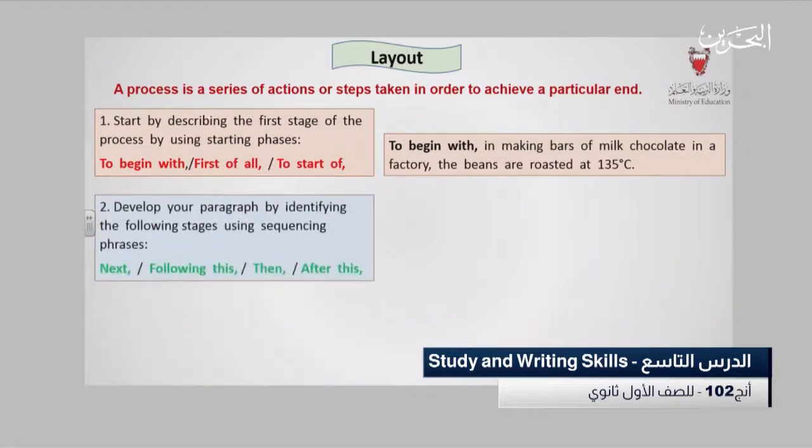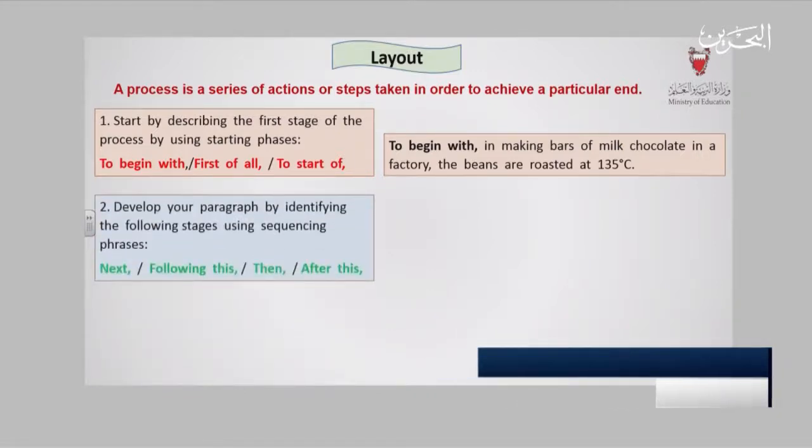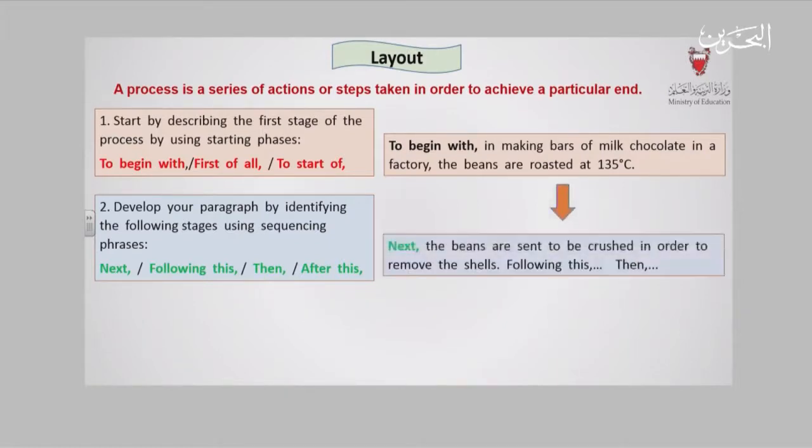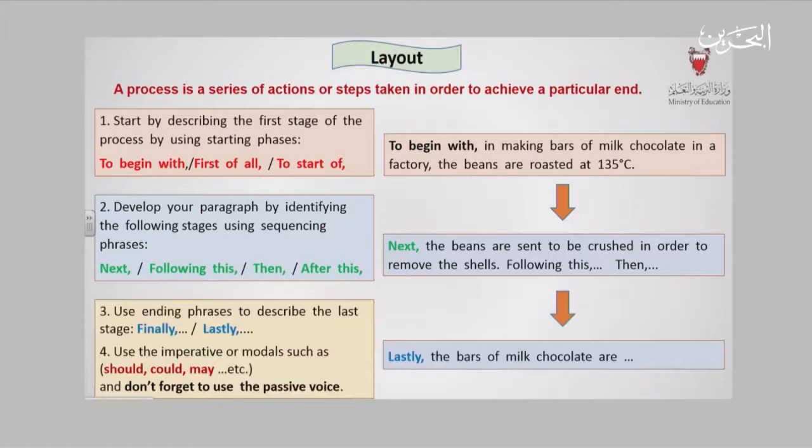When we're going to talk about the body, here come the steps of how we do things. So next, following this, then, after, and so on. For example, next, the beans are sent to be crushed in order to remove the shells, following that, then, after that, next, and so on till the procedure is almost at the end.